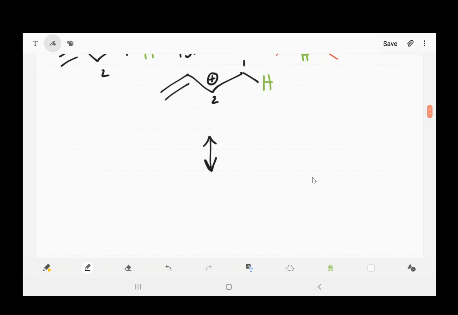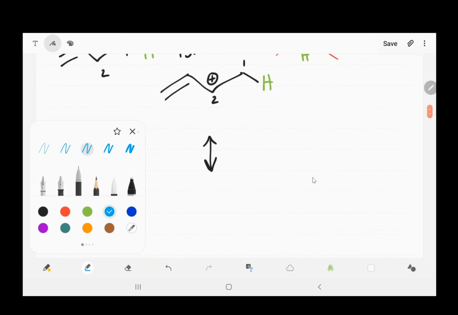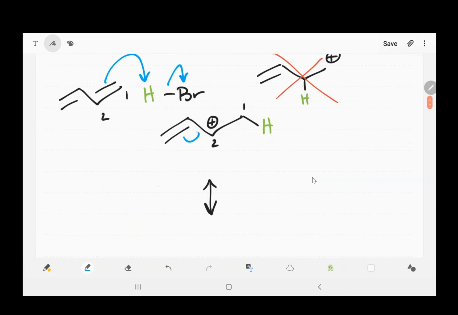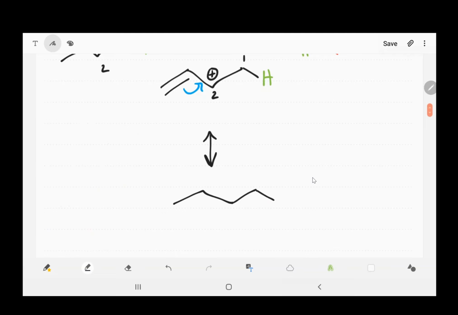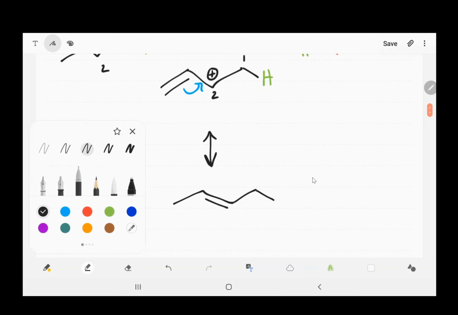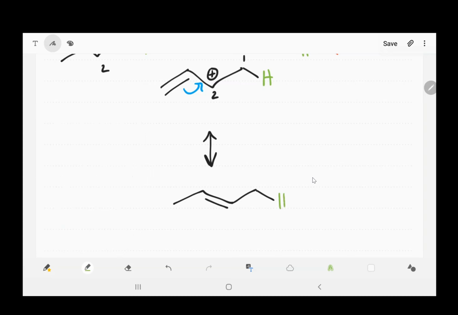If we resonate it, we can just move that double bond there. We end up with, and I'm going to draw my H in again, our carbocation over here.